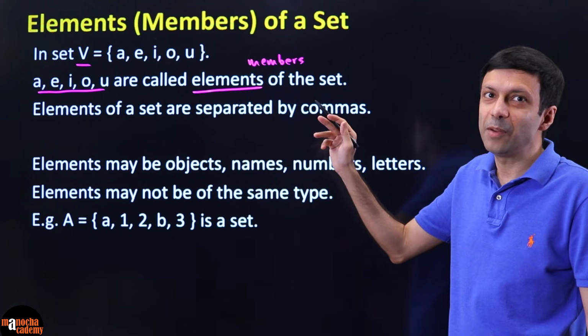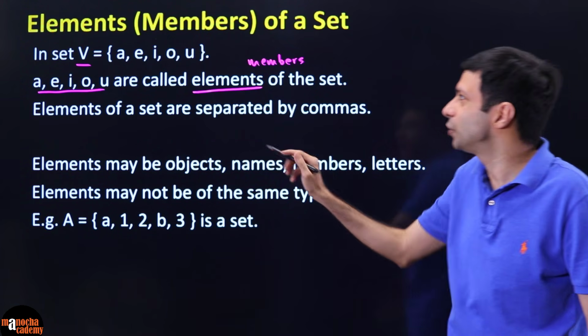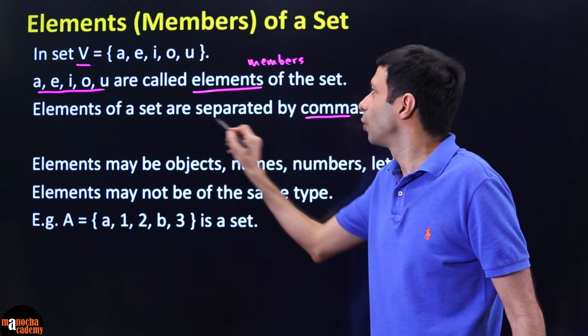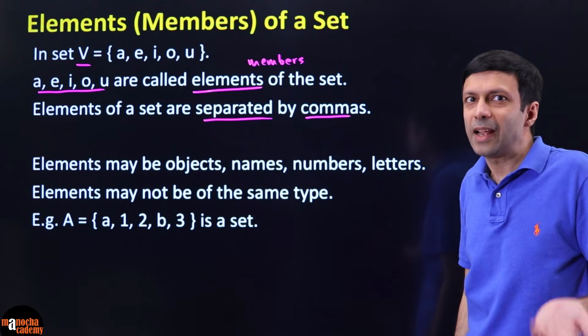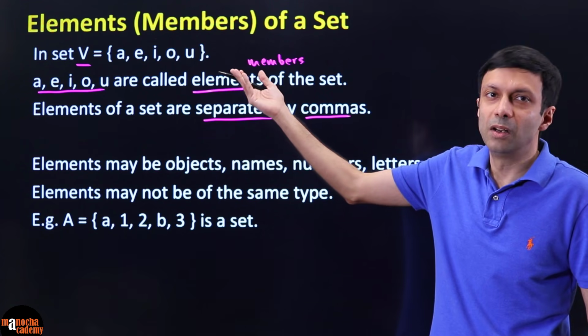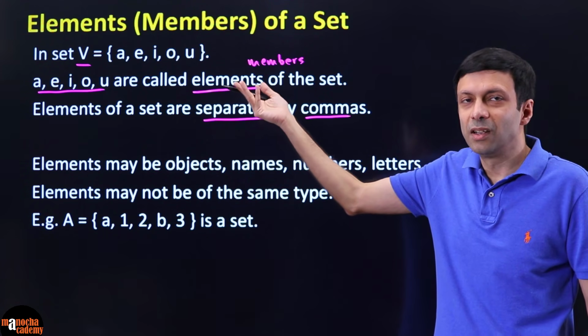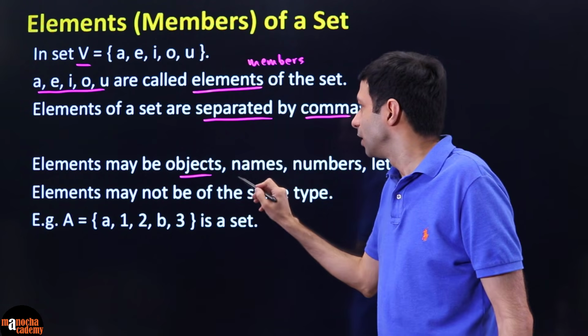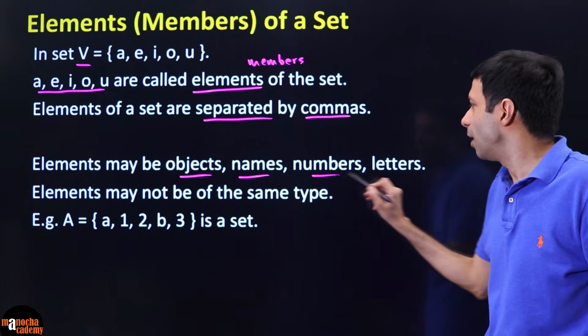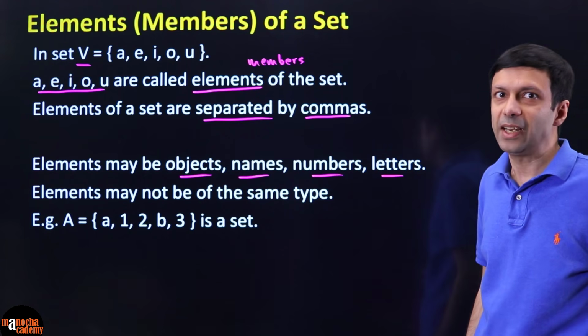And always the elements, as you can see in the notation, are separated by commas. So don't forget to put the commas there. Now what can elements be here? Here there were vowels, letters, they could be numbers, so they can be anything. They can be objects, names of students, numbers, letters, pretty much anything.